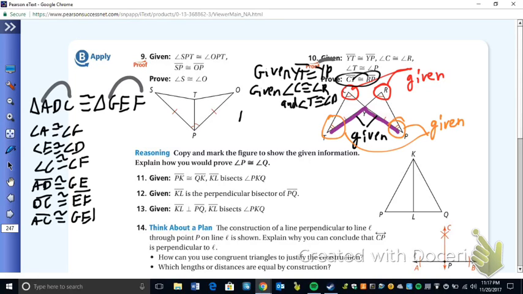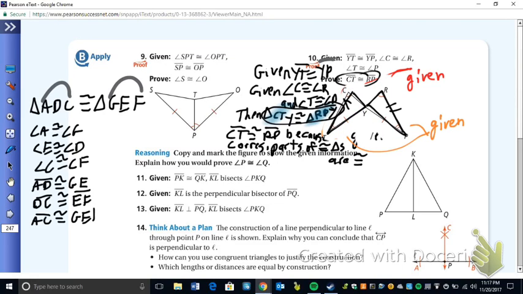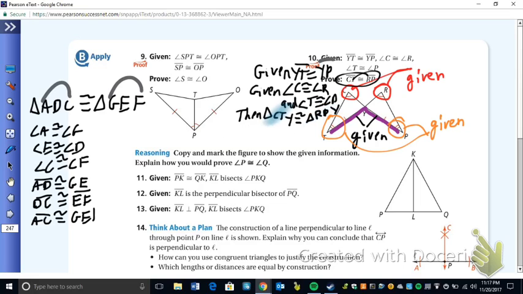Now, if we look at that, we can go, hey, that's angle, side. So we go CTY. Whoa, that was a bit much. Angle CTY is congruent to angle RPY by angle, side, sorry, AAS.